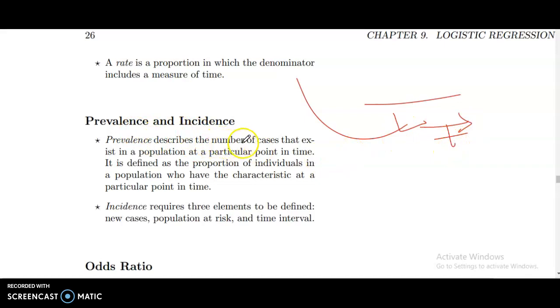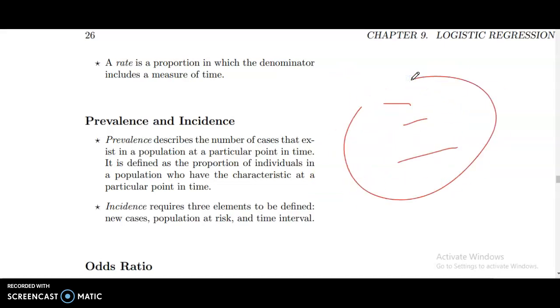Prevalence and incidence. Prevalence describes the number of cases that exist in a population at a particular point in time.